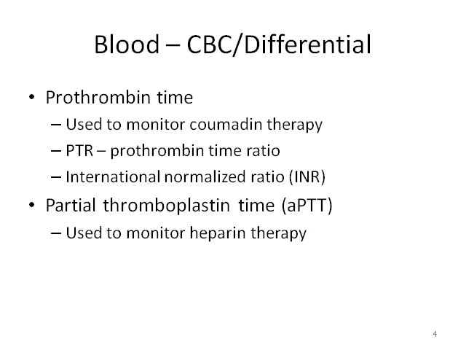Sometimes they will look at a PTR, which is a prothrombin time ratio, but most frequently what will be reported is an INR. INR stands for International Normalized Ratio, which basically is a means of normalizing prothrombin times and allowing you to compare them across different parts of the country and through different hospitals and so forth.